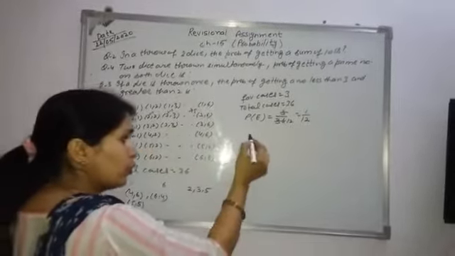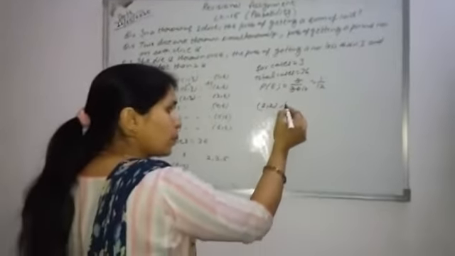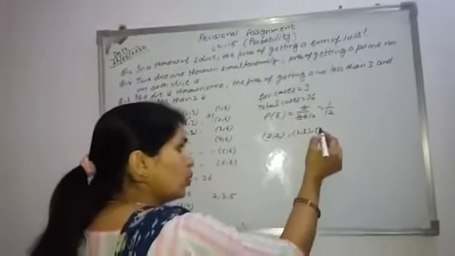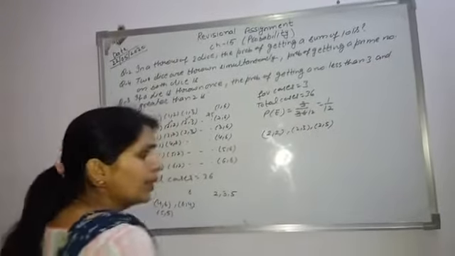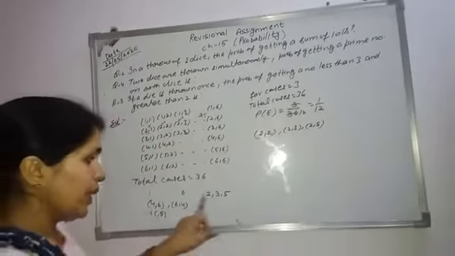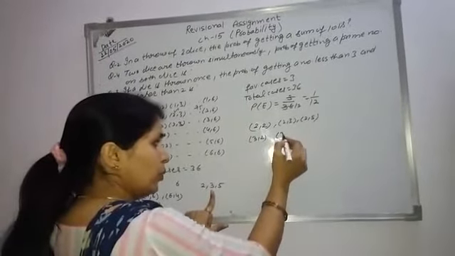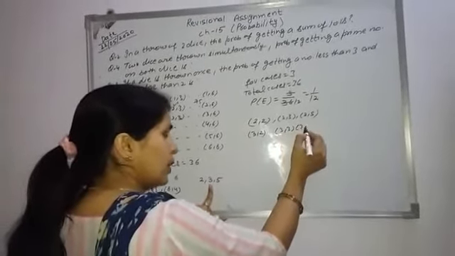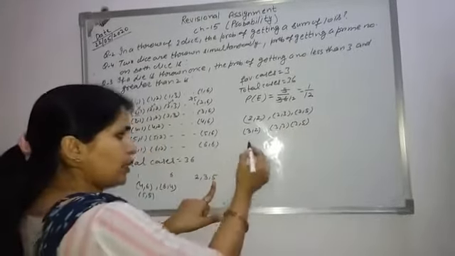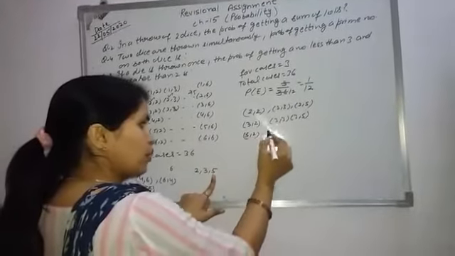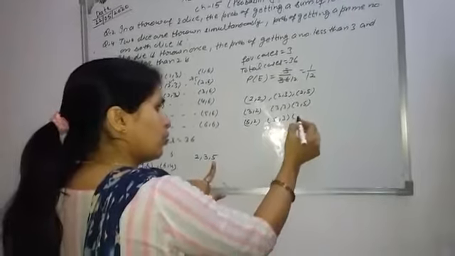So in case of a 2, we have 2 2, 2 3 and 2 5; 2 4 does not exist. Next number is 3: in case of 3, we have 3 2, 3 3, then 3 5. Next number is 5: 5 2, 5 3, 5 5.